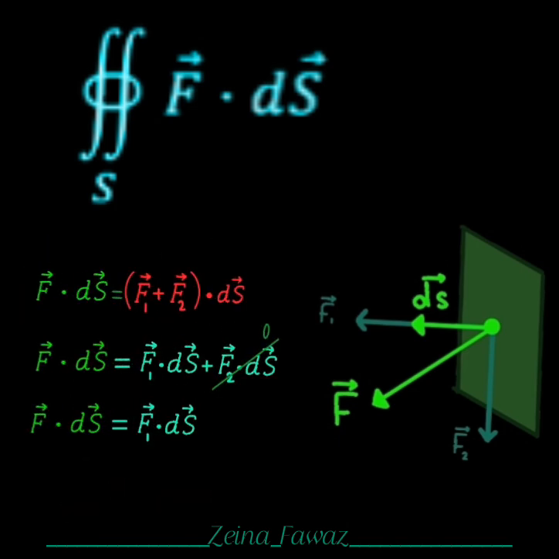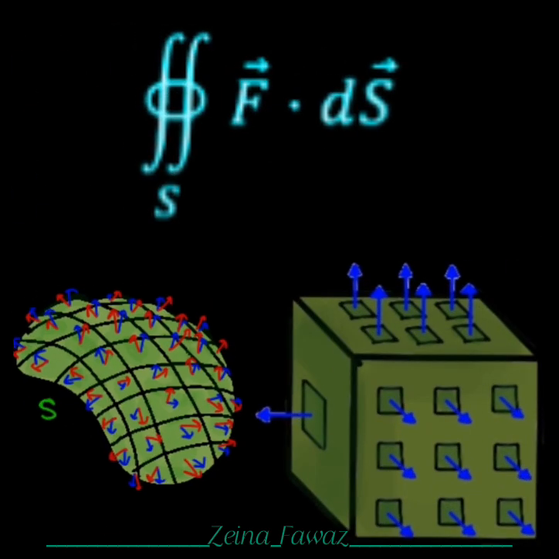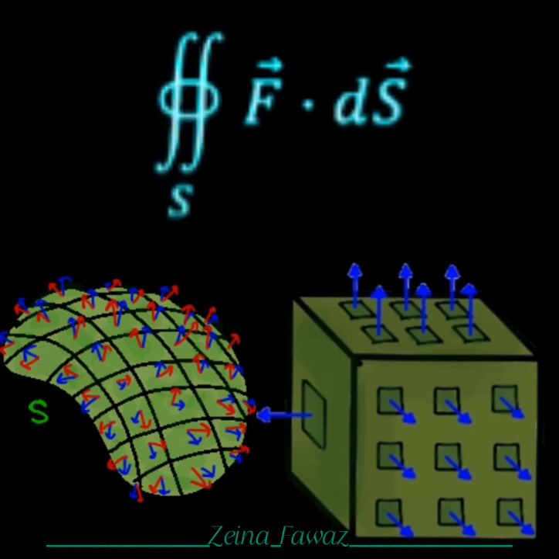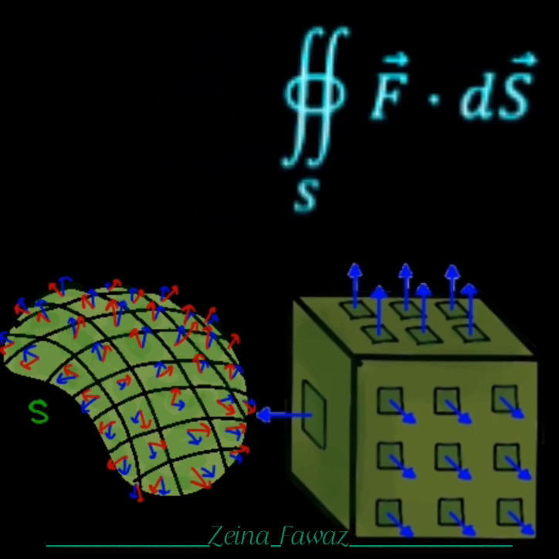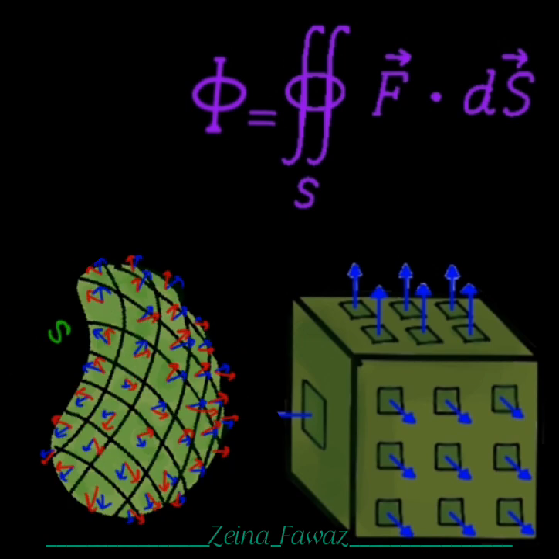Thus, the scalar product between the vector field F and the vector dS is also equal to the scalar product between the vector F1 and the vector dS. Lastly, all the vector fields of the surface element are summed up by the surface integral. This integral measures the quantity of the vector field F that flows out or in the surface S. In other words, it measures the total flux.